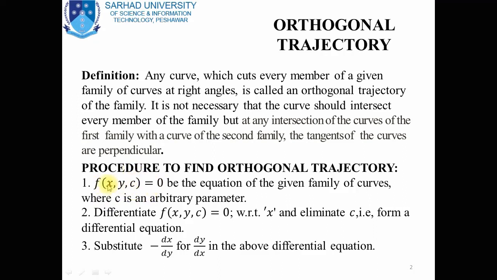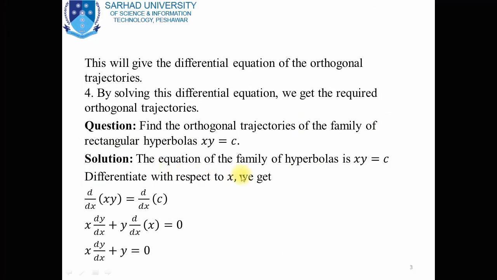We get the differential equation of the given function. Then replace dy by dx with minus dx by dy. We will get the differential equation of the required orthogonal trajectory. But we want to find the equation of the orthogonal trajectory. So by finding the solution of this differential equation, we will get the required equation of the orthogonal trajectory.